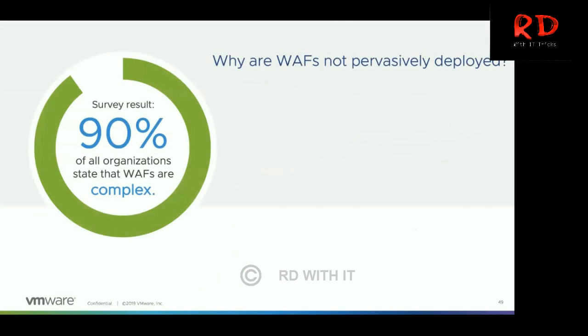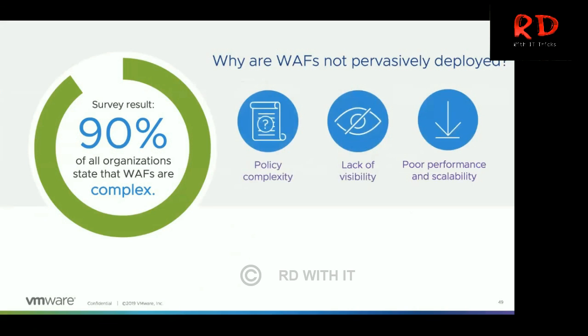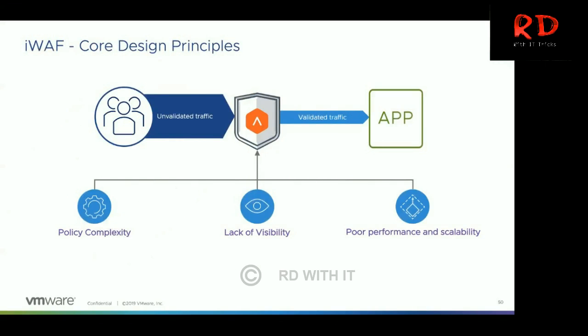The reason why WAFs have not been very effective is because of complexity. WAFs are notoriously hard to configure. They're heavy on resources on the actual physical appliance, so the performance is poor. And from a visibility standpoint, it's very hard to know what's actually going on. These are the things that we've tried to solve.